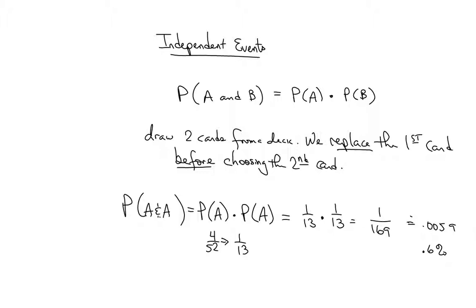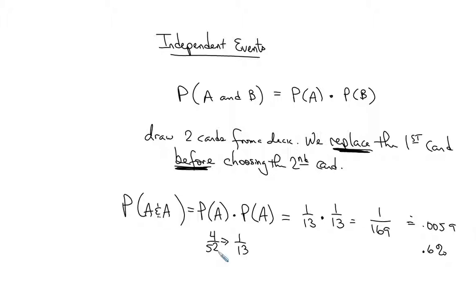We don't even have a 1% chance that would happen. Again, these are the key words. Good question, but these are the key words. We replaced the first card before we drew the second card. That means that there were 4 aces out of 52 cards left in the deck for the second one. Does that make sense? And that's why those are the key words, guys.